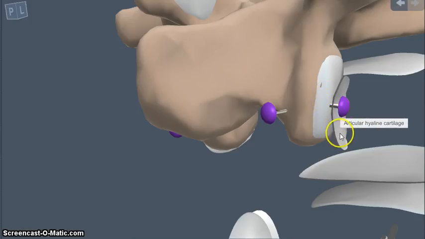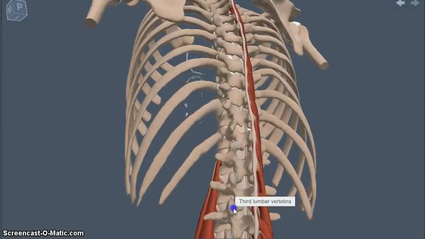In this program, it shows the articular hyaline cartilage that covers the superior facet that would be articulating with this facet. And we can get a better appreciation of how the superior articular facet of one lumbar vertebrae and the inferior of the other vertebrae actually articulate.